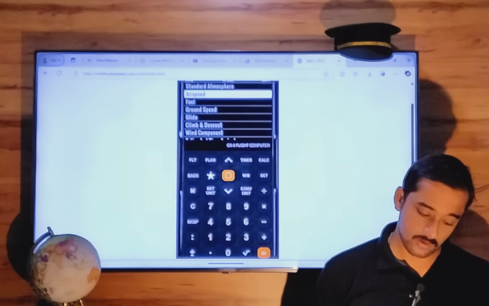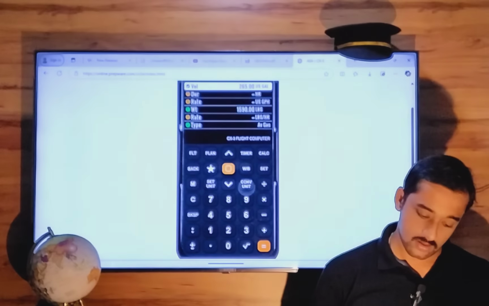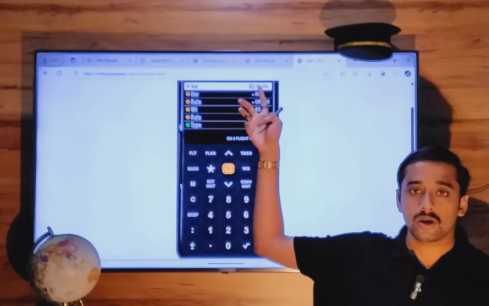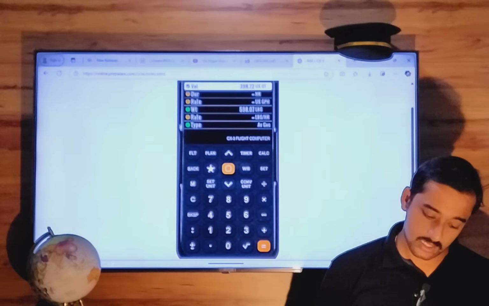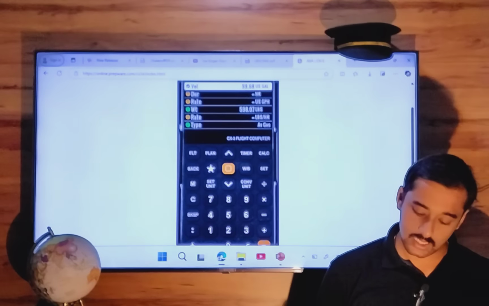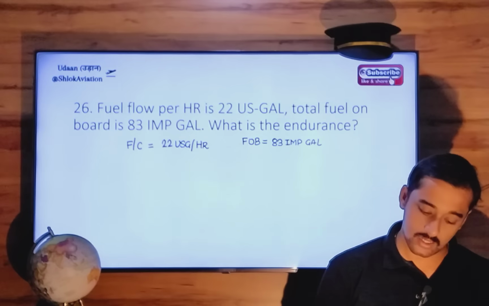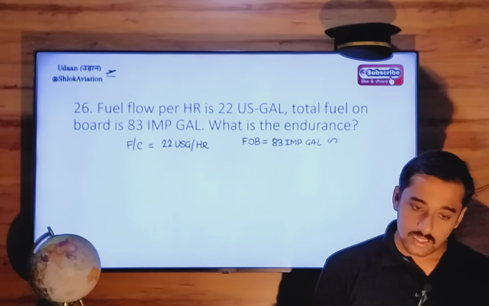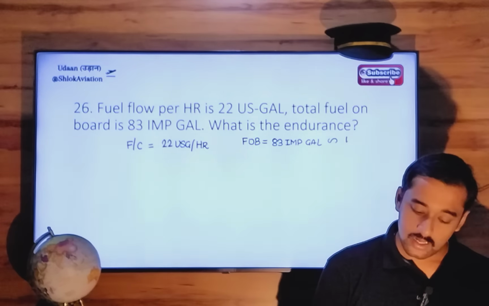Go to the fuel option, 83 UK gallon or imperial gallon. Now convert this into US gallon, 99.68. Let's consider this 99.68 as 100 US gallon.